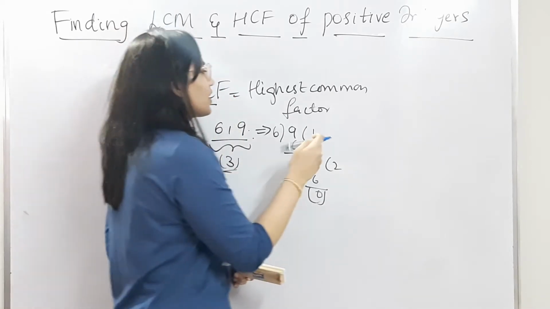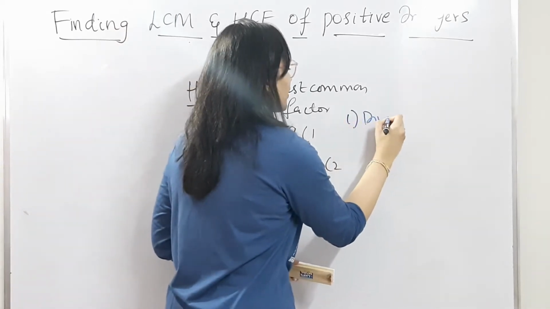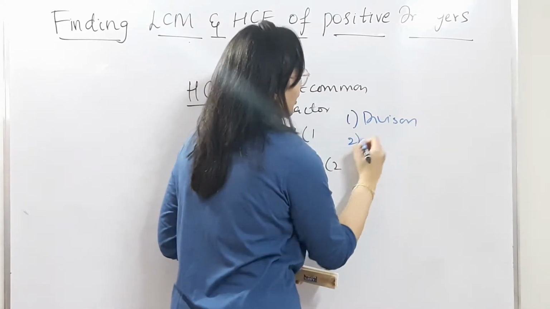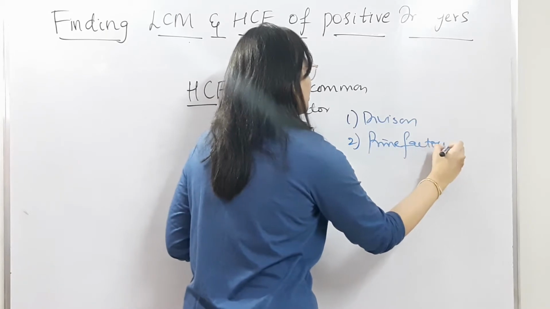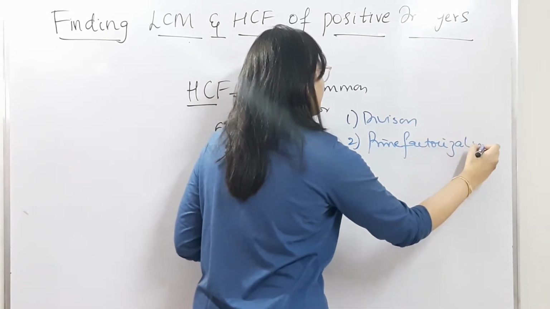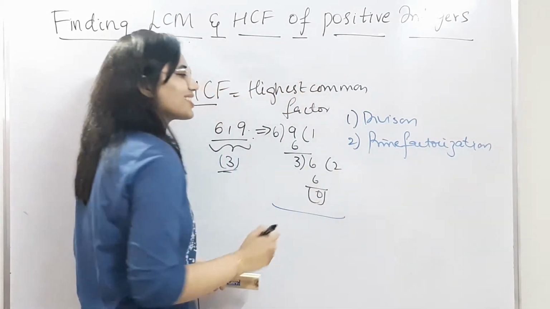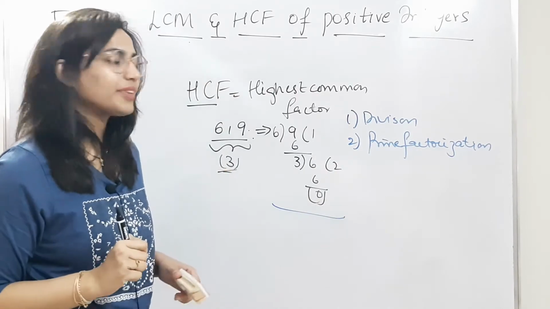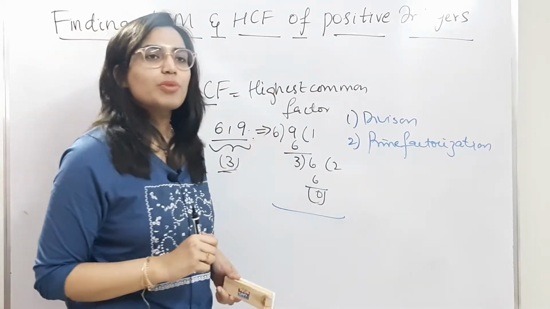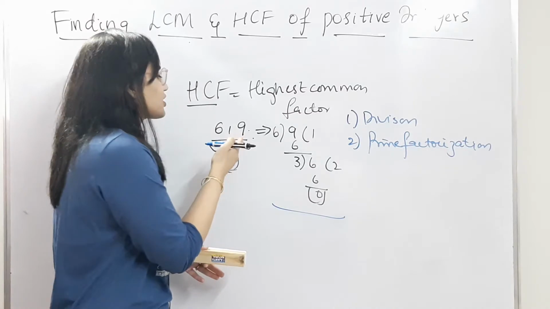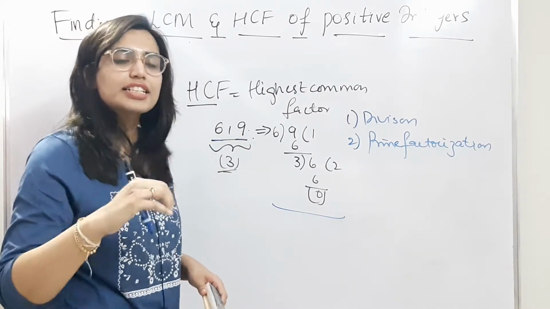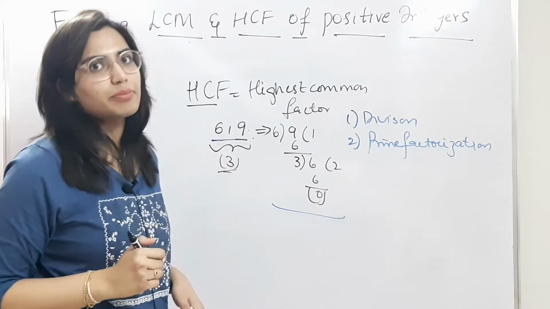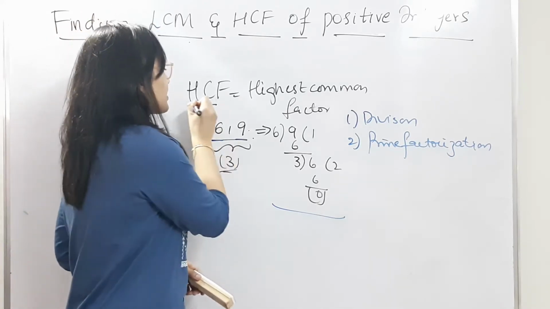One is the division method and one is the prime factorization method. So here, I have explained briefly how to find the HCF using division method. The highest common factor is the common factor that divides these two numbers. Okay, so that is the concept of HCF.